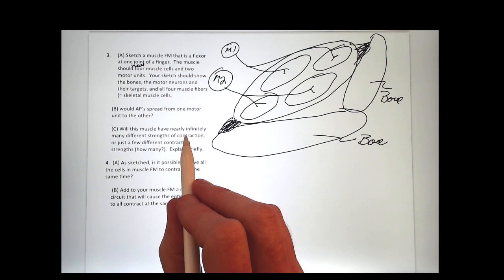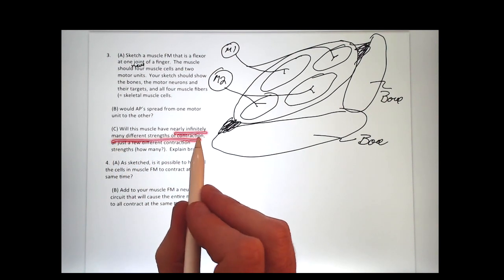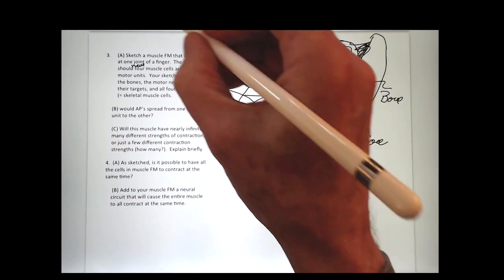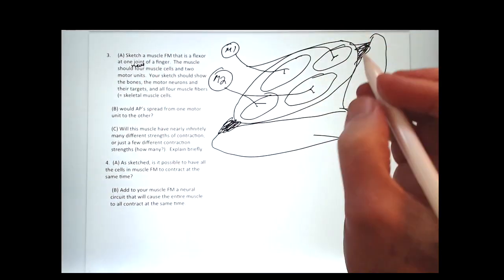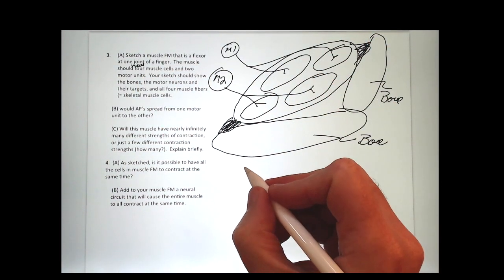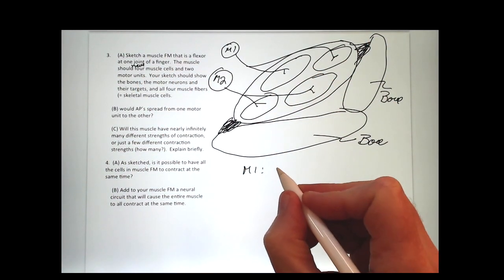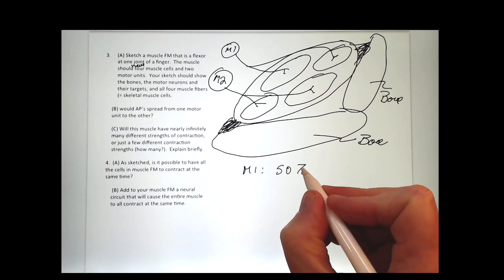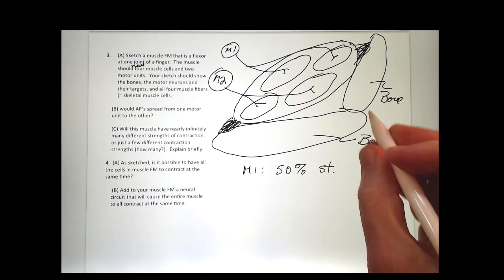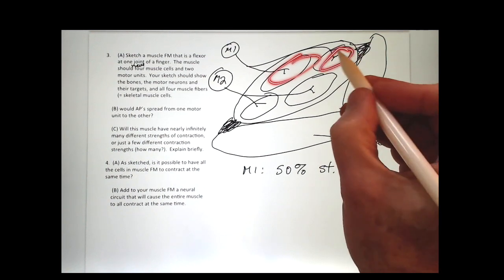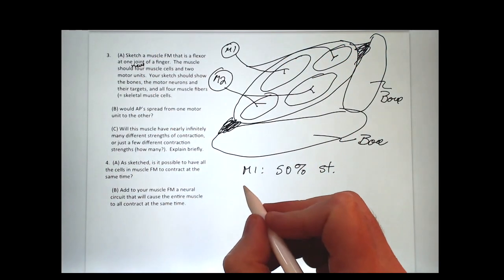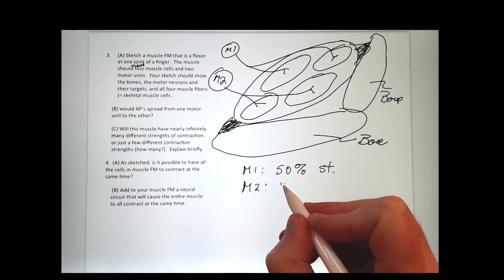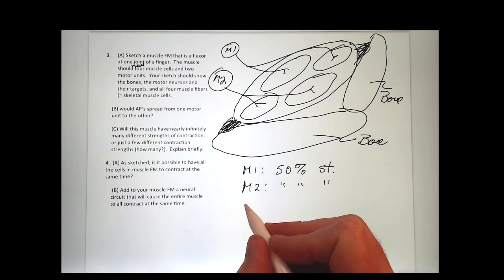Will this muscle have nearly infinitely many different strengths of contraction, or just a few different contraction strengths? So this one will have, if we only fire M1, we get 50% strength. These 2 cells, M2, also 50% strength.